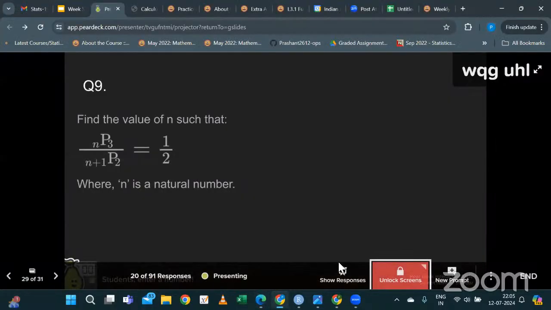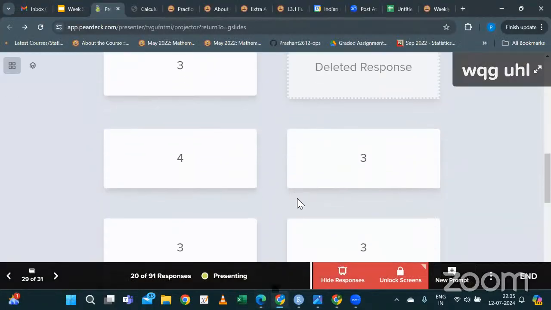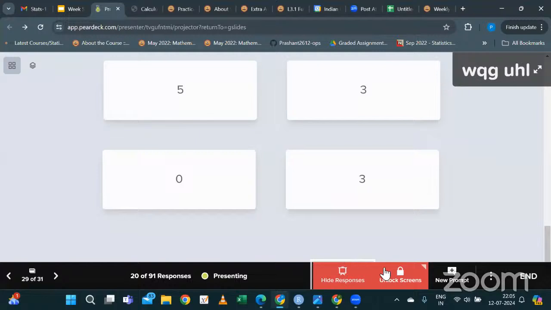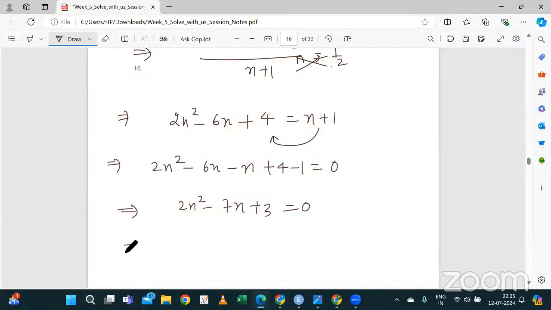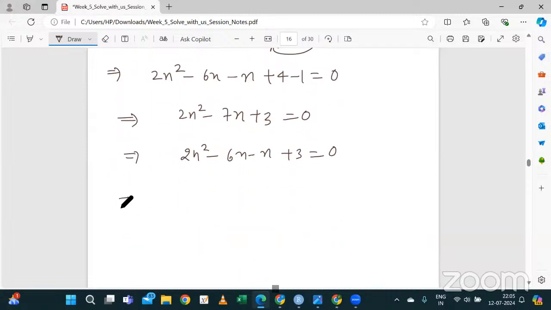Okay, I saw the answers from your end: 3, 1, 3, 4, some 5 is also there. So from here I can write 2N square minus 6N minus N plus 3 equal to 0. If I take 2N as common, it will be N minus 3, and then I can take minus 1 as common with N minus 3.